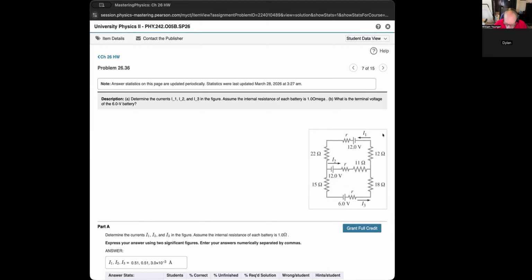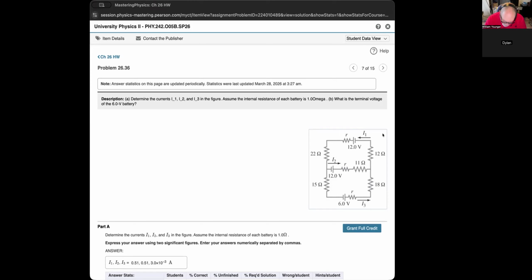So I'll say minus 12 I1 plus 12.0, because of the battery. Minus 1.00 I1 minus 22 I1. Now I'm back to that next junction, going the same direction as I3, so that's going to be minus 15 I3. And now I'm back where I started, so I say equals zero.